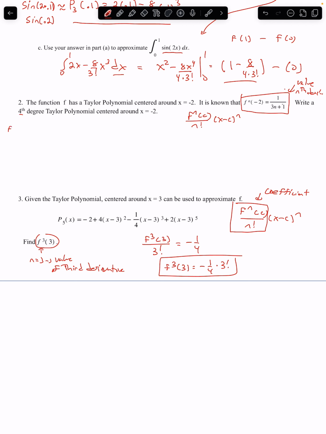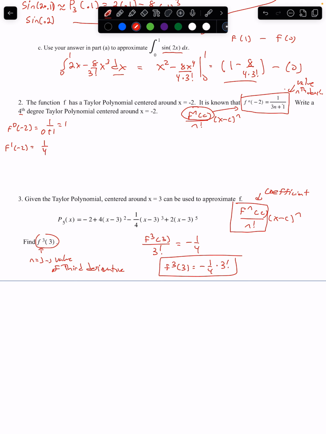So if I let f zero at negative 2, I'm just going to use our rule. What they're telling us is the top part. To get it, it's just going to be 1 over 3 times 0, which is 0, plus 1. So my first value is 1. The value of the first derivative becomes 1 over 3 times 1, which is 3, plus 1, which is 4.